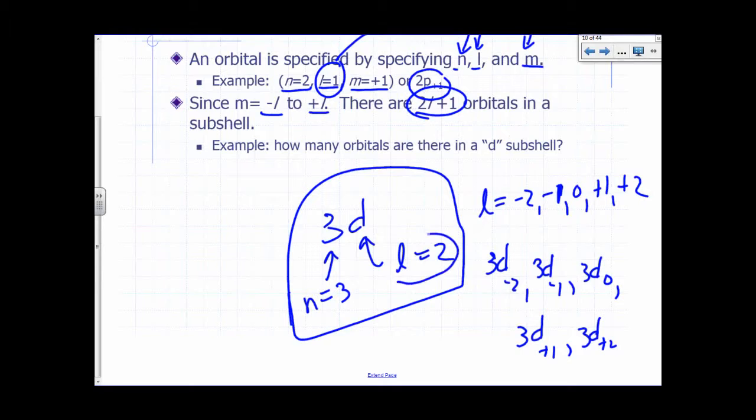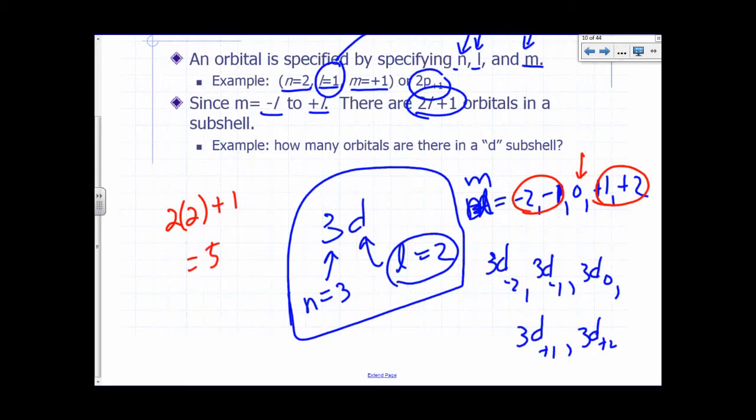Since m can go from negative 2 to positive 2, and l equals 2, there's 2 times 2 plus 1, which gives you 5 possible orbitals.